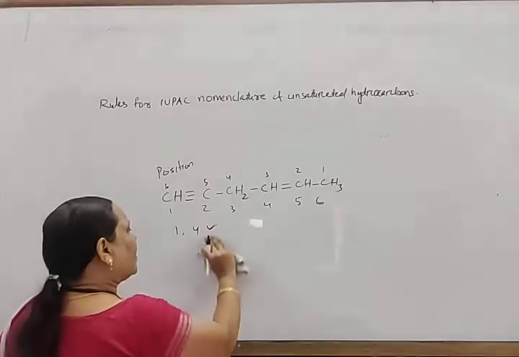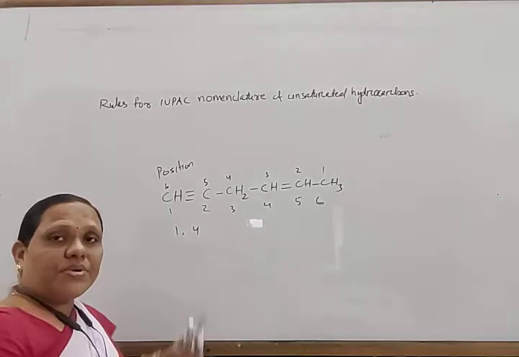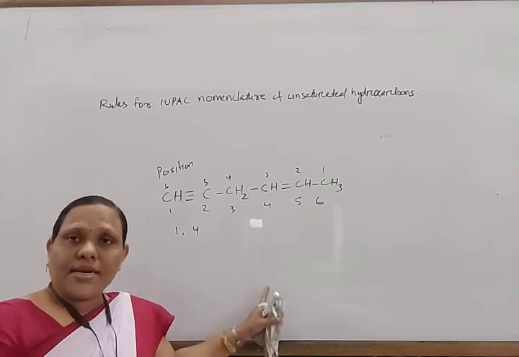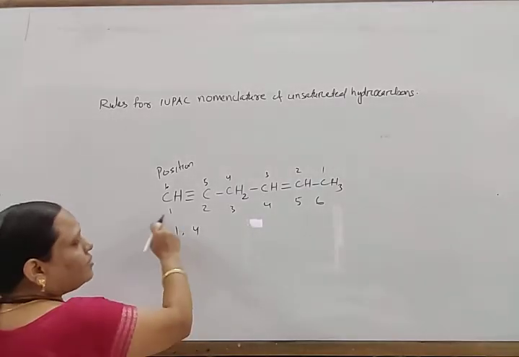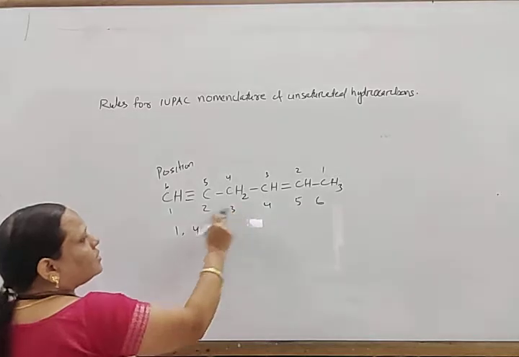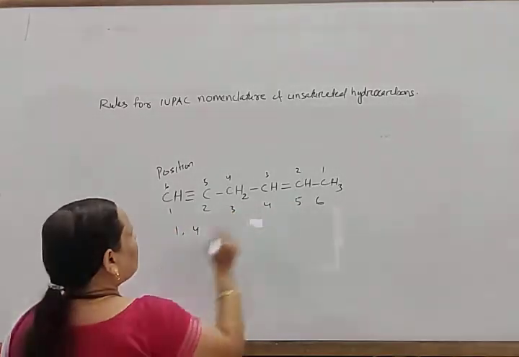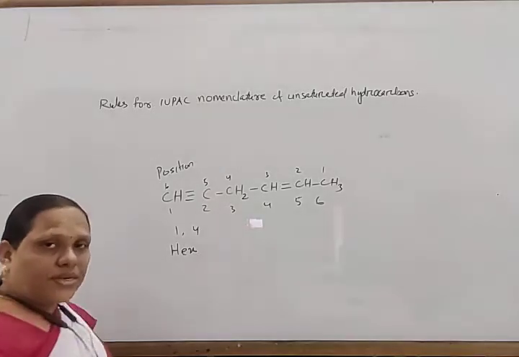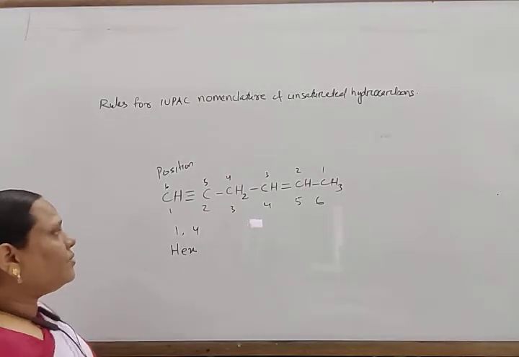But whenever you write the name, ENE should be written first, then YNE, and the last E of ENE should be dropped. So what is the name of this compound? Total 6 carbon atoms, so this is hex, and no A is written after the word root.